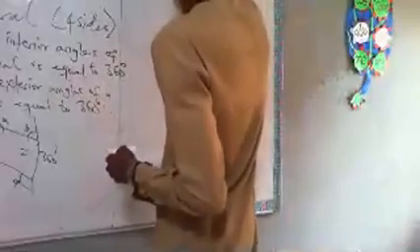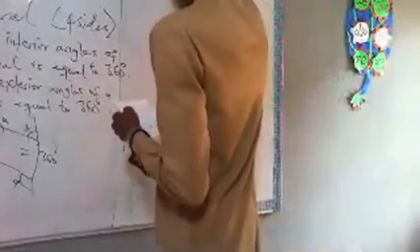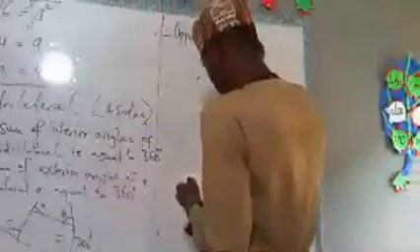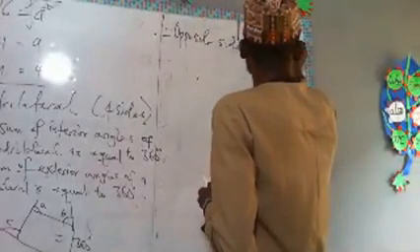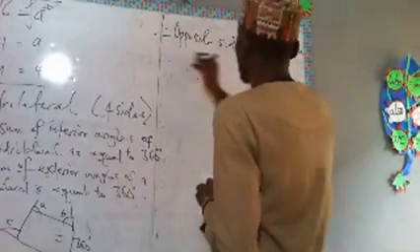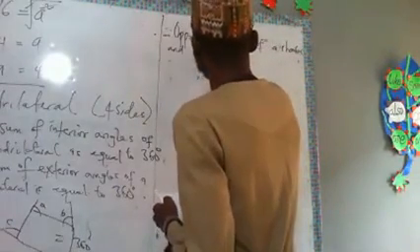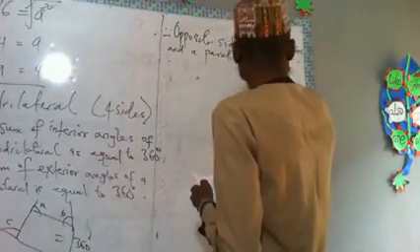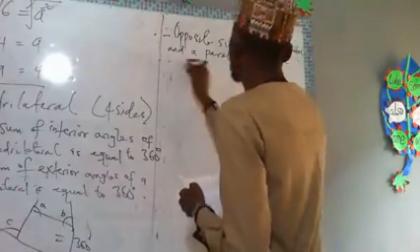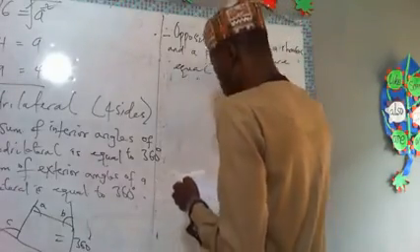The next one is, let me just take this. For a parallelogram and a rhombus, opposite sides are equal.